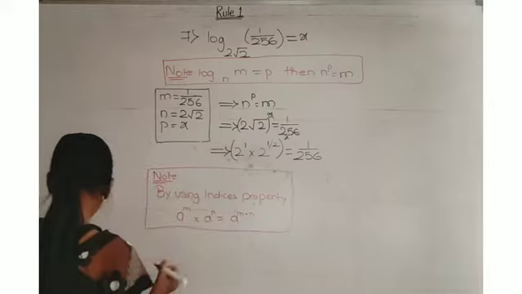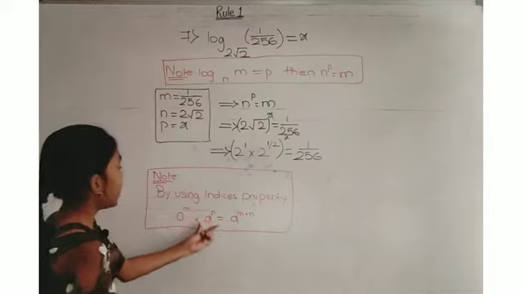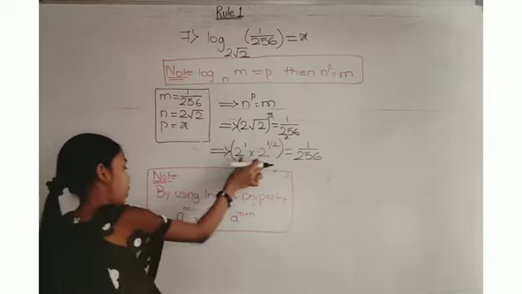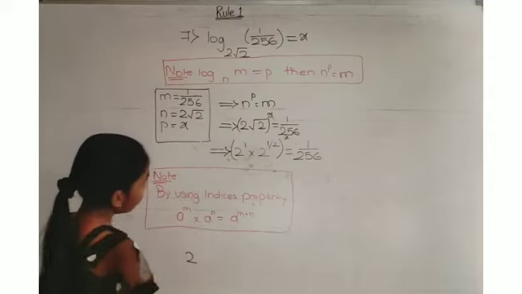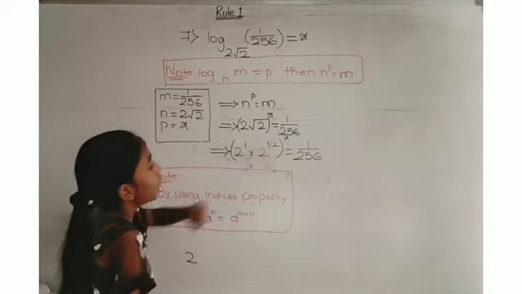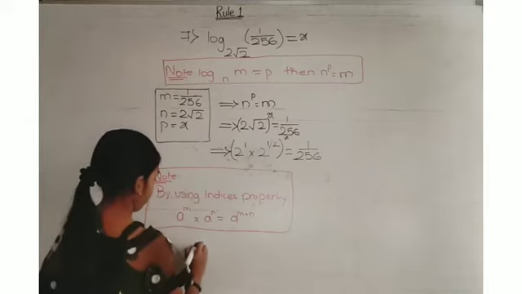Okay. Now this same property we are going to put in this form. This 2 will become 1, so we will write only 1 time 2, 1 plus 1 upon 2. When we do this, we get 3 upon 2.